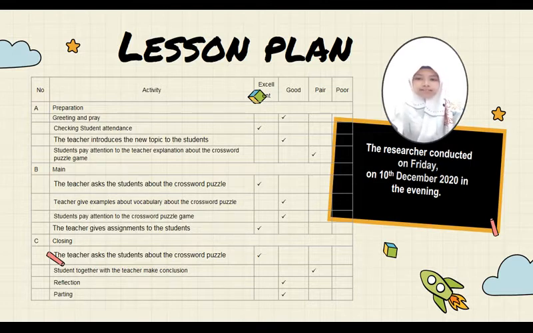In the main activity, the teacher asks the students about crossword puzzle, and then gives examples of vocabulary about the crossword puzzle, and then students pay attention to the crossword puzzle game, and the last one is the teacher gives an assignment to the students. In the closing activity, the teacher asks the students about the crossword puzzle, and students together with the teacher make a conclusion. After that, there are reflection and parting.